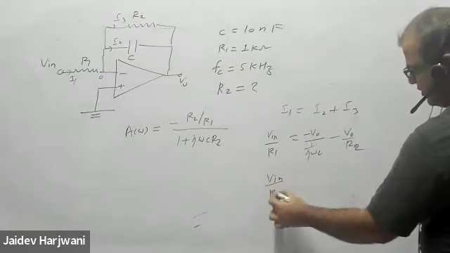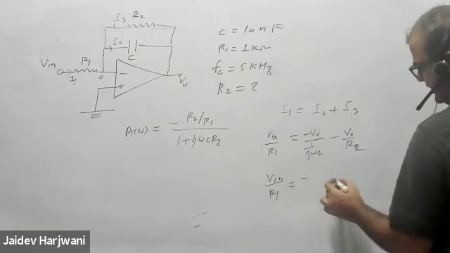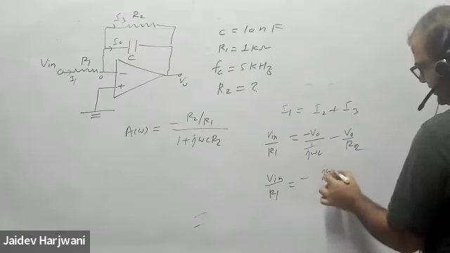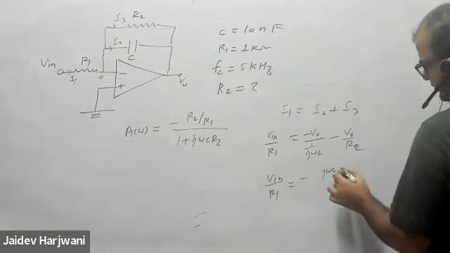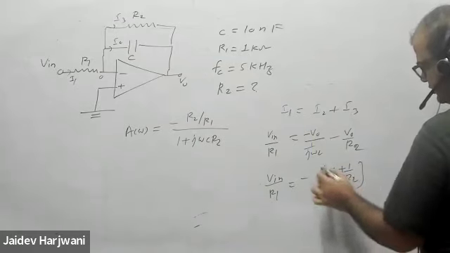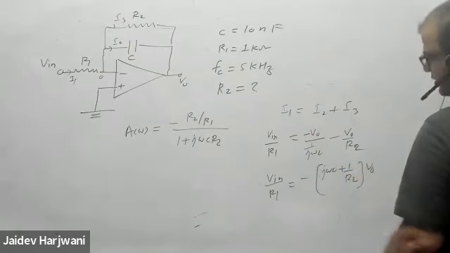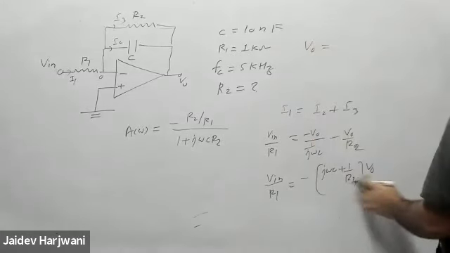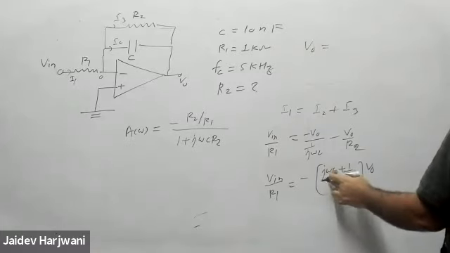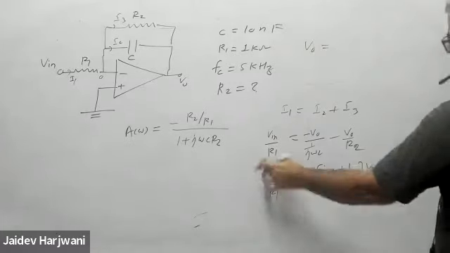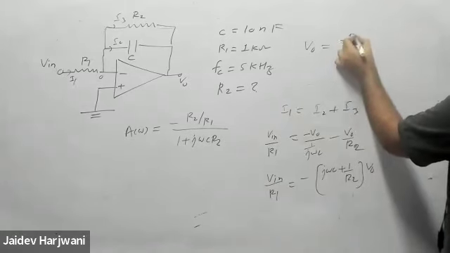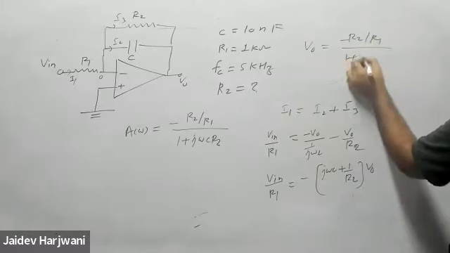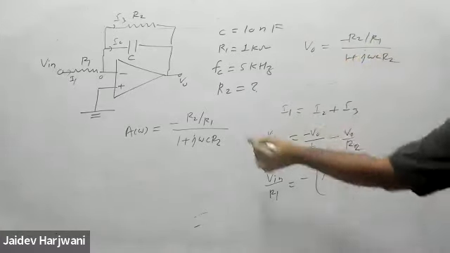V input upon R1 equals minus V naught times J omega C plus 1 by R2. And V naught will become, R2 will go here, minus will go here: minus R2 by R1 upon 1 plus J omega C R2, which we have written.